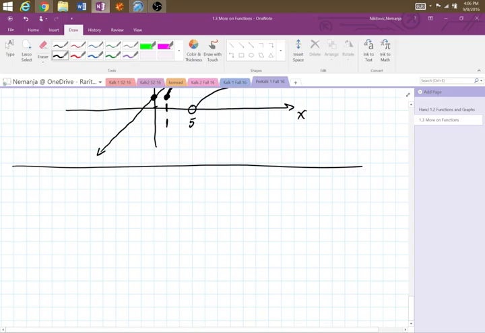Next, let's talk about a special case of piecewise function called a step function. And we can immediately look at that step function as our tax brackets.